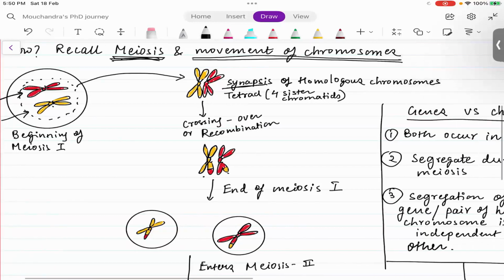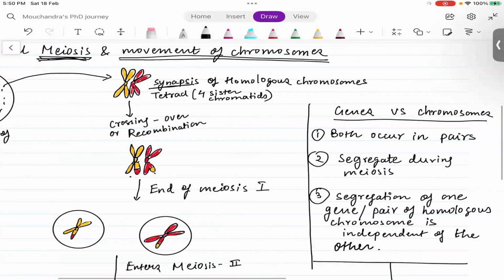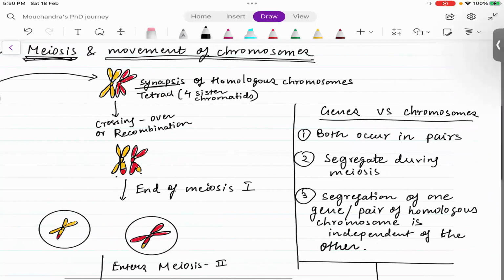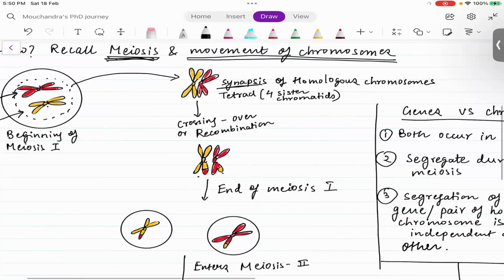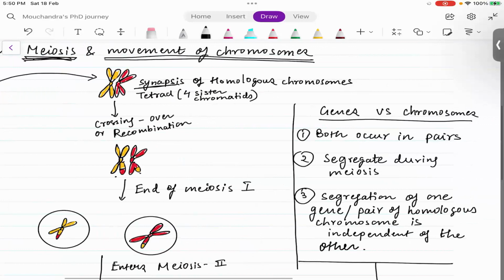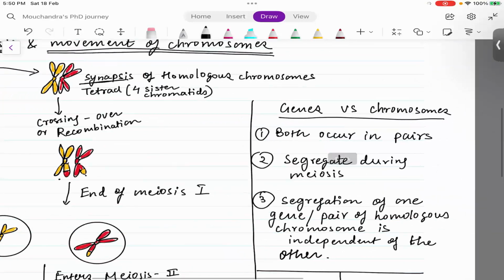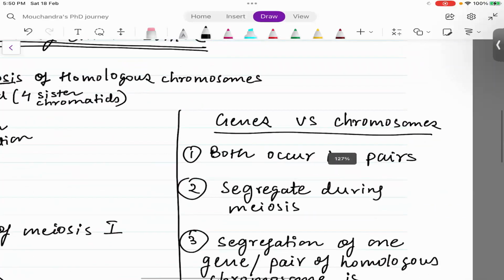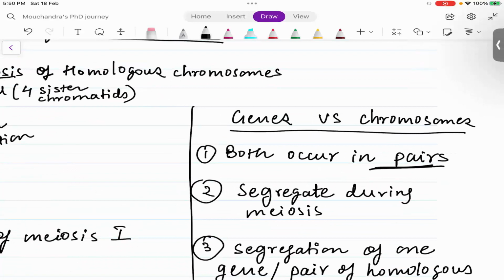Scientists saw that similar things also happen for genes, as proposed by Mendel. Genes occur in pairs. For a gene, there is a pair of alleles. Similarly, for chromosomes, a homologous chromosome exists, that is two similar chromosomes, one coming from the mother and another from the father.